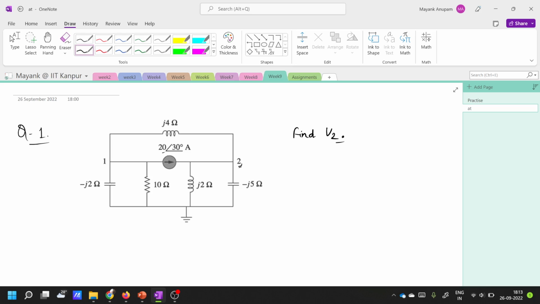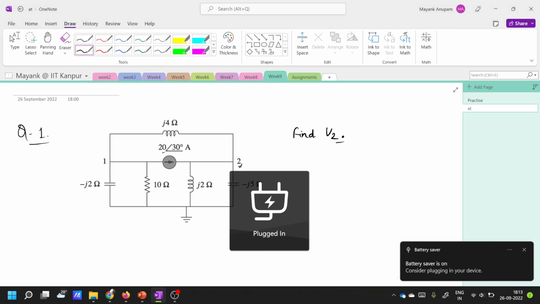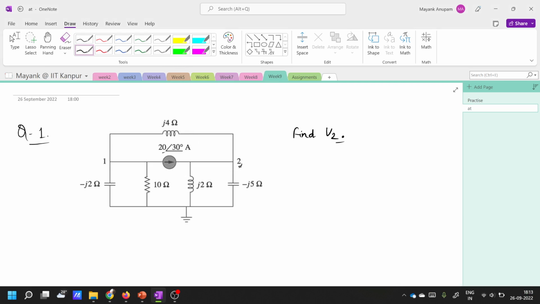The magnitude of the current source is 20 ampere, and the phase lead is 30 degrees.